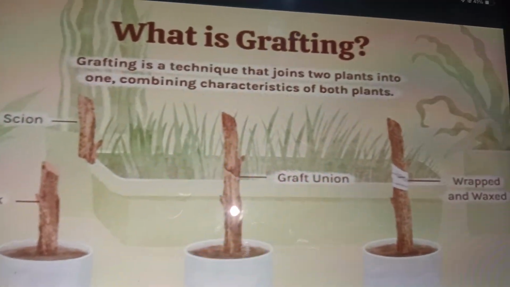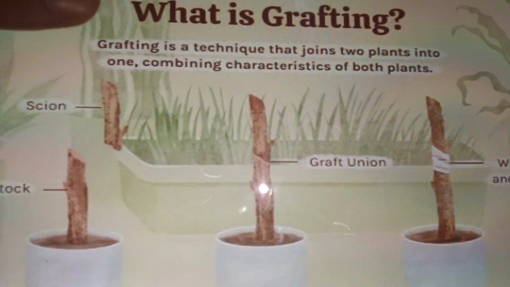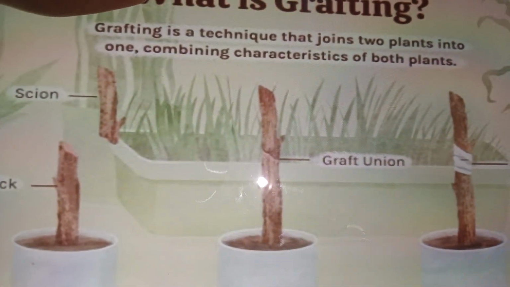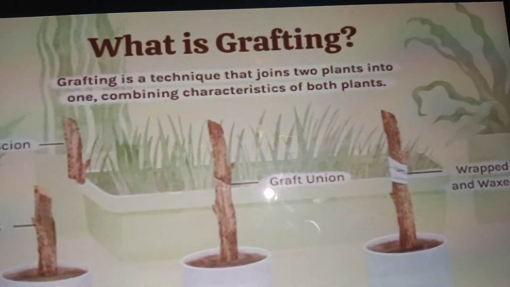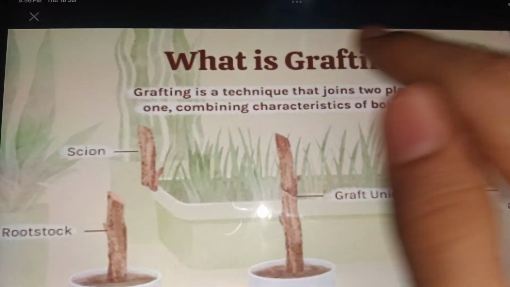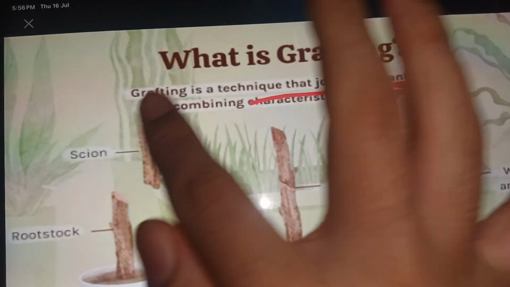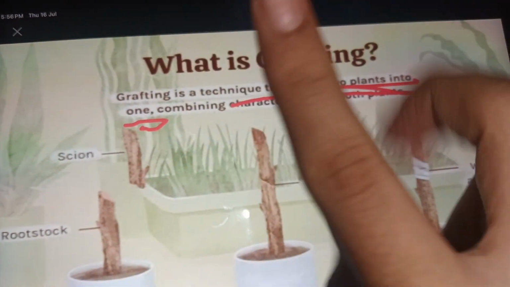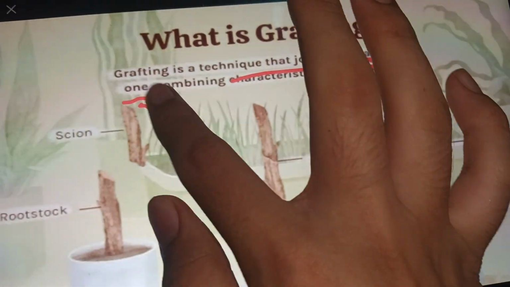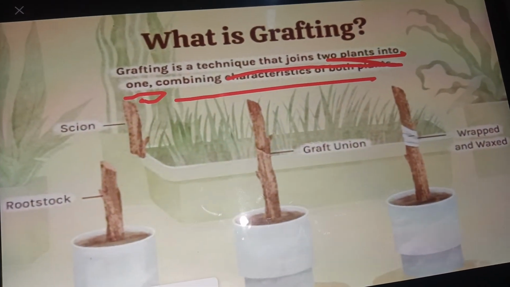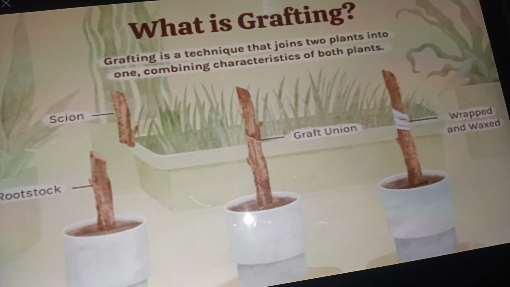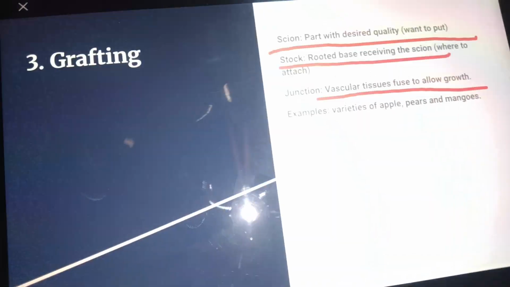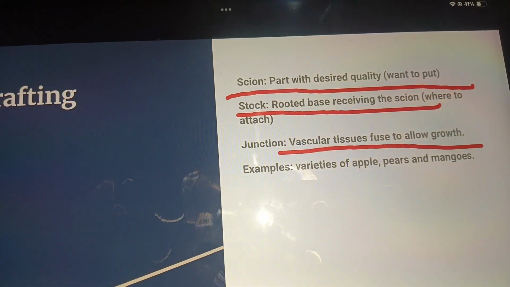Grafting is a technique that joins two plants into one, combining characteristics of both parent plants. So scion, stock and junction are there.